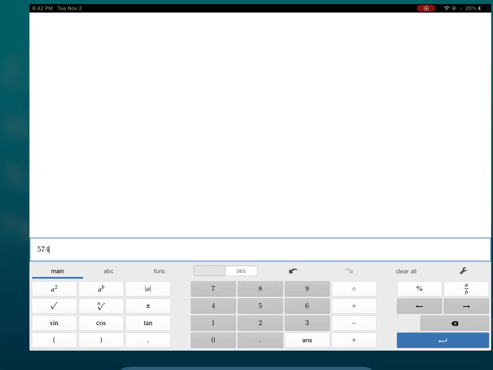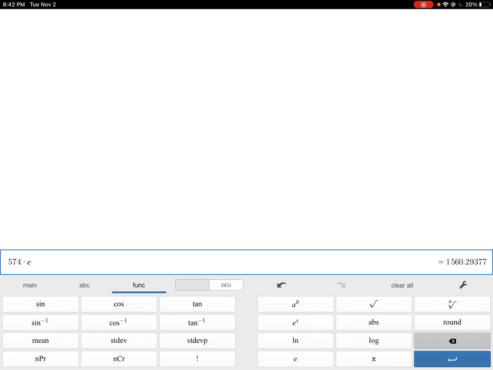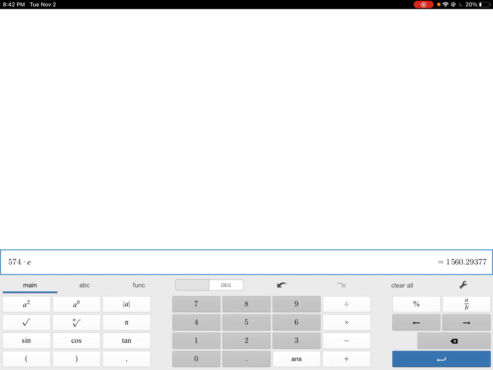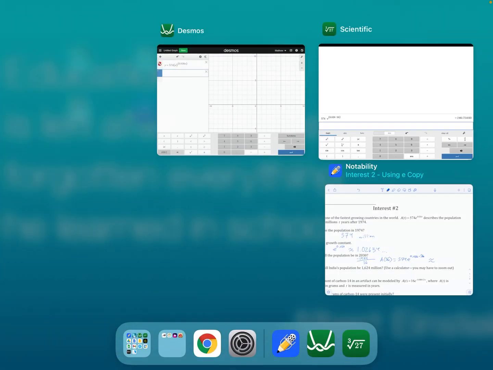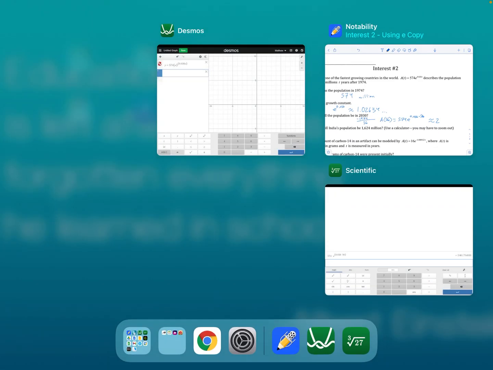574 times e to the 0.026 times 56 years gives you that. And then I have my number here on the right side, 2,461.75.